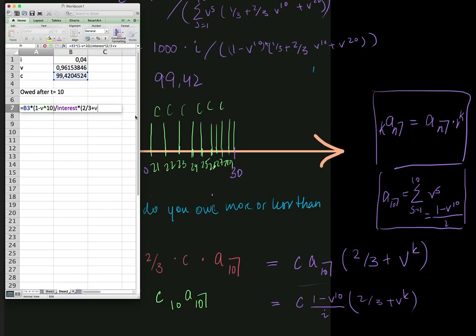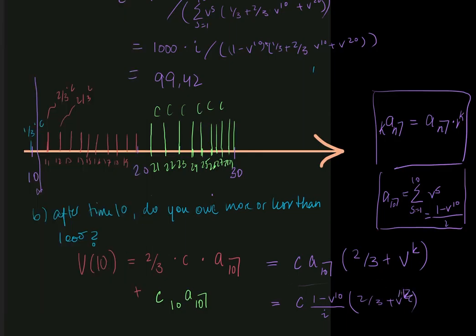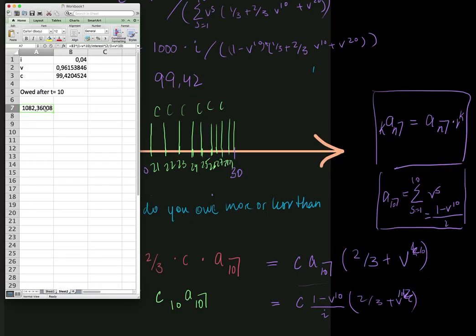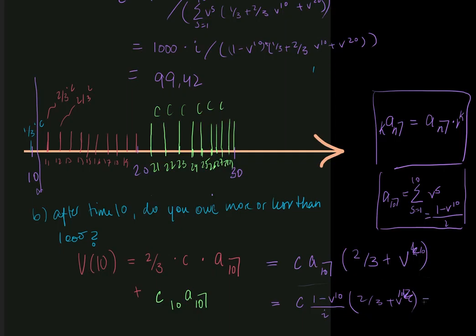Because I have deferred the last 10 payments 10 years. I should just correct that. Here we go. And what we see is the amount that's owed after 10 years is actually 1,082. Wow. And that's greater than 1,000.